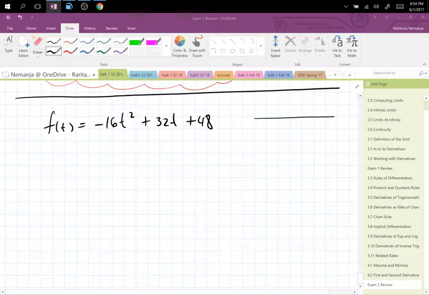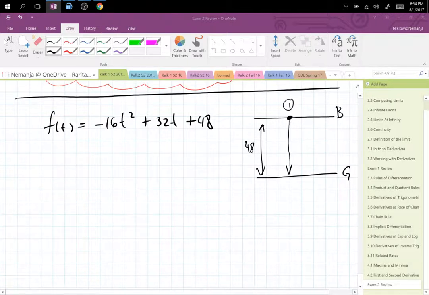This is the bridge level, and this is the ground level, and they are 48 feet apart. Rock number 1 is thrown this way, which is dropped, right? And rock number 2 is thrown from the ground and it's going to go down.